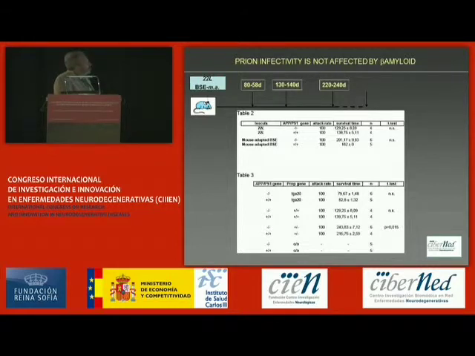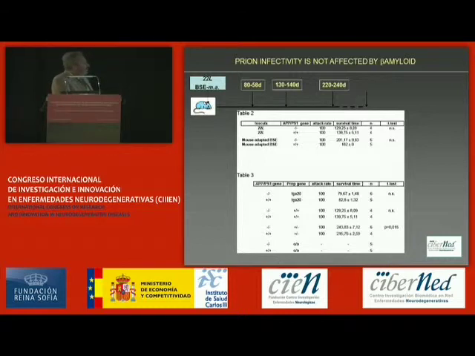And the second one was a bovine prion modified and adapted to the mouse brain. In both cases, you can see that each strain has a specific survival time, but the presence of amyloid in the brain does not modify the survival in a statistically significant way. Again, with the bovine strain, something similar happens and it is not statistically significant.